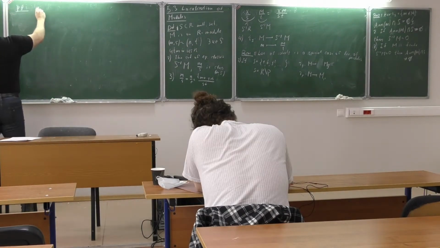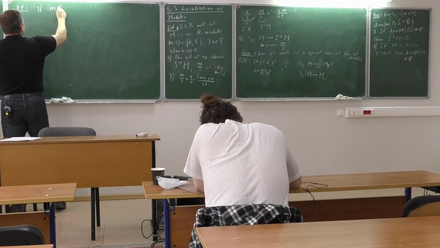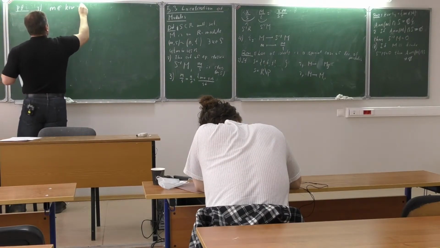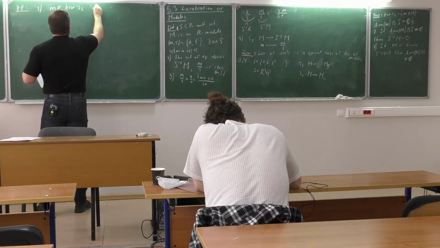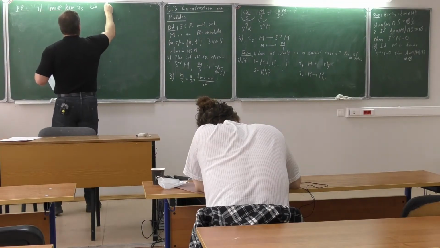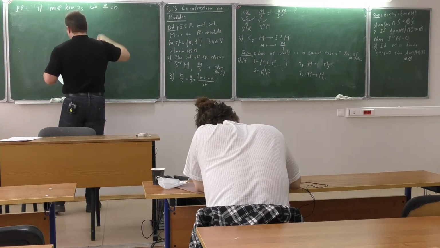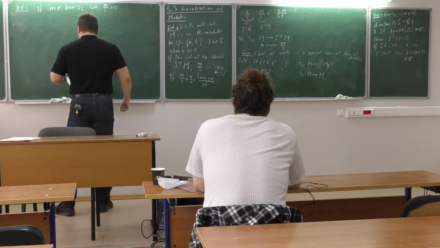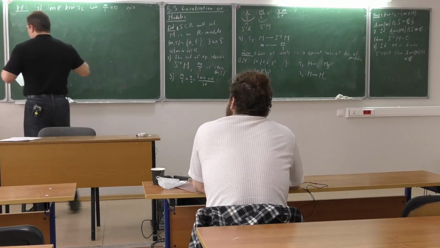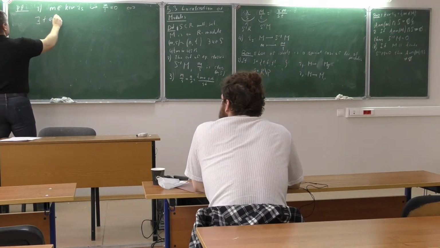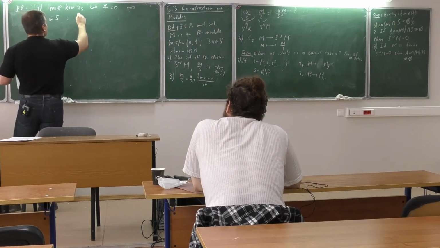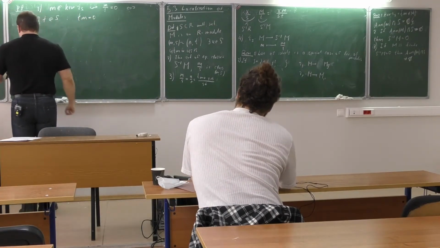Okay, the first part. If I have an element m in the kernel of the localization map, this is equivalent to saying that the fraction m over 1 is zero in the localization of the module, which is equivalent to saying that there is an element t in S such that the product t times m is equal to zero.